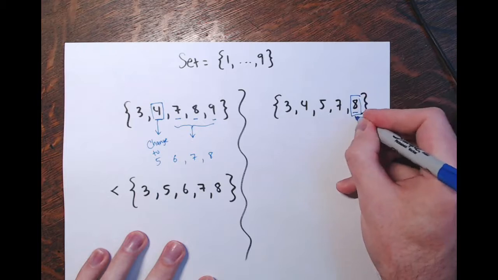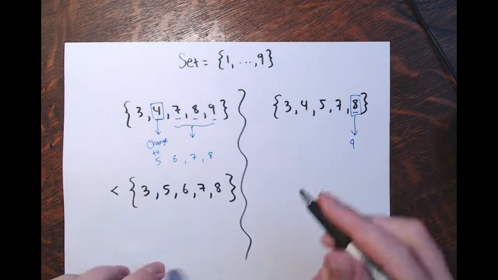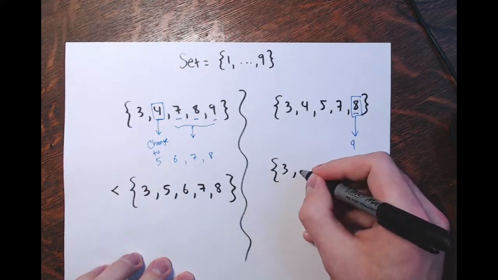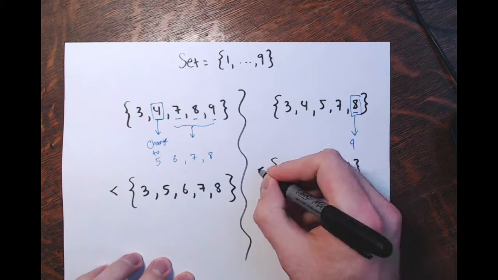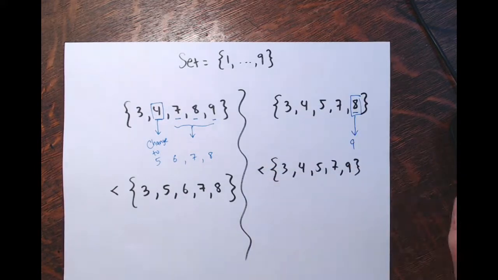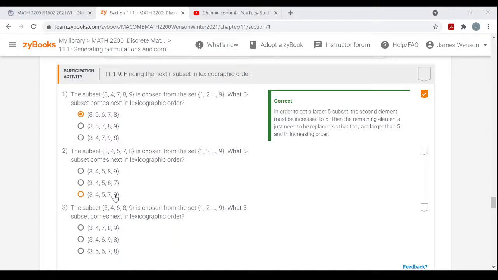Yep, I can. Change to 9. And then everything after, there's nothing after that, so that's it. 3, 4, 5, 7, 9 would be the very next 5 subset in lexicographic order.